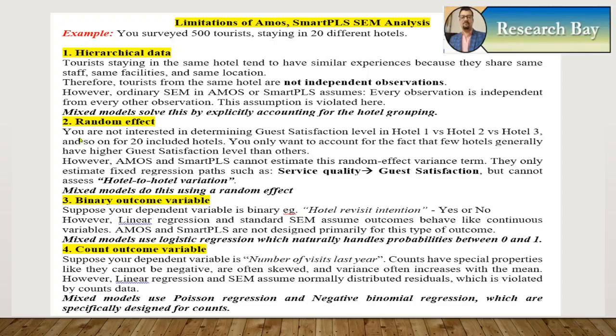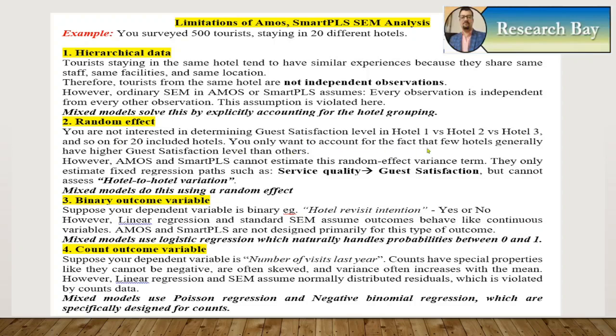Now, what is a random effect? The second reason is, if you are not interested in determining guest satisfaction level in hotel 1 versus hotel 2 versus hotel 3 and so on for 20 included hotels, as you have surveyed 500 tourists staying in 20 different hotels, this is a simple example to understand.